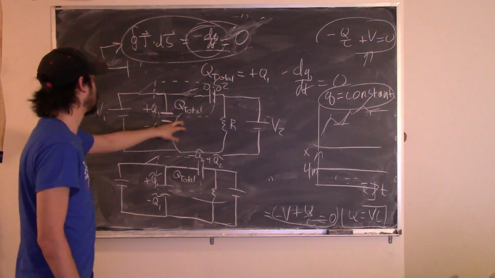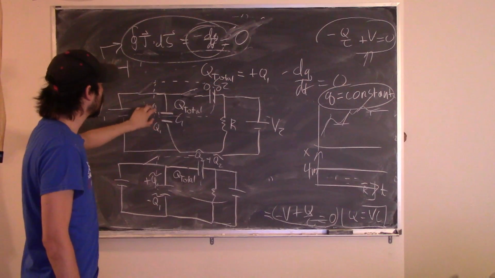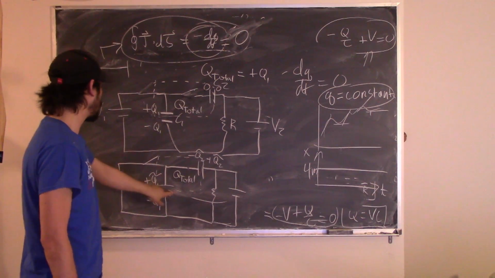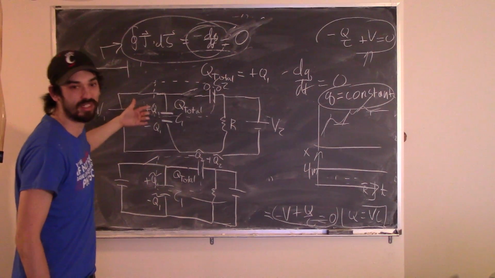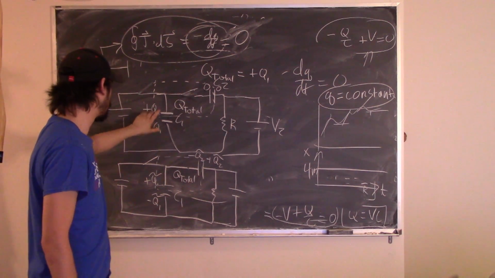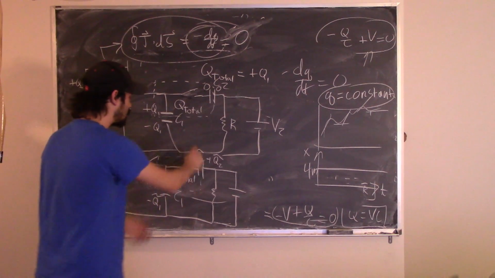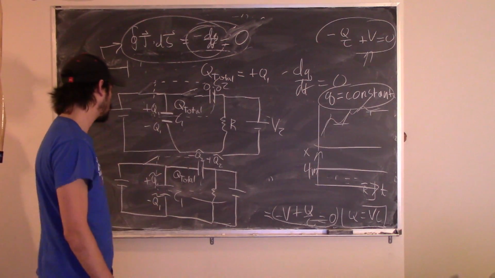That's why I have the 1s here. That's what this is. So Q1 goes to C1. Q1 tilde has to do with C1, but it's not going to be the same as Q1. It's going to be different. These are going to rearrange themselves when I close this switch.